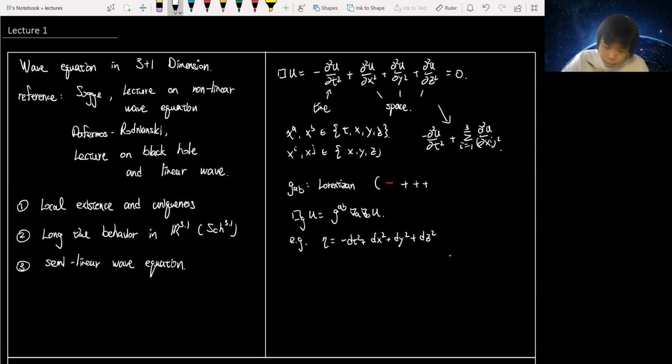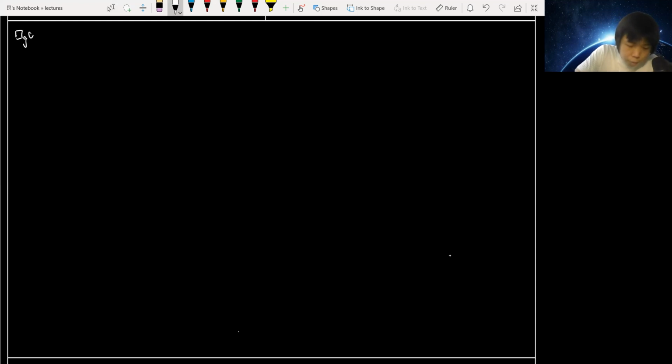plus, plus, plus. And just like the Laplace equation, you can view the wave equation as the Euler-Lagrange equation, the critical point of a functional. So box_g u equals 0 is equivalent to saying that u is a critical point of the Dirichlet functional, which is the integral of more or less the gradient squared of u.